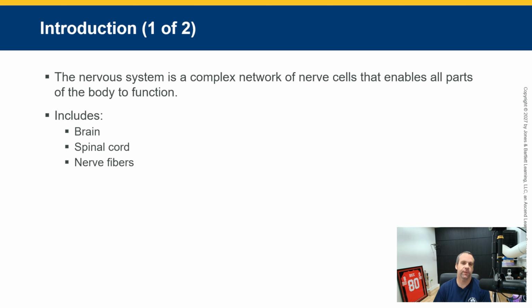So this is going to include the brain, the spinal cord, the billions of nerves that travel throughout the entire body. Now, the brain itself receives information and decides how the body should actually respond, whereas the spinal cord carries those messages between the brain and the rest of the body, while the smaller nerves extend into the skin, the muscles, and into the organs.